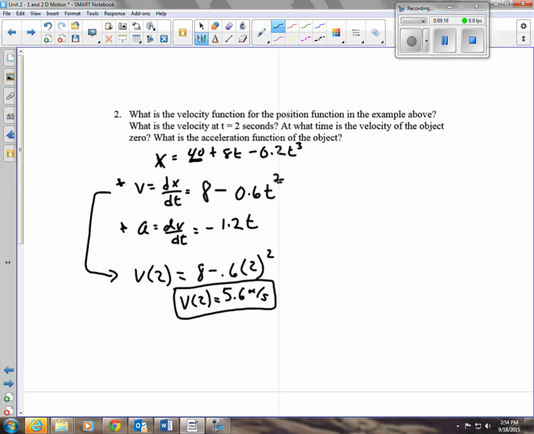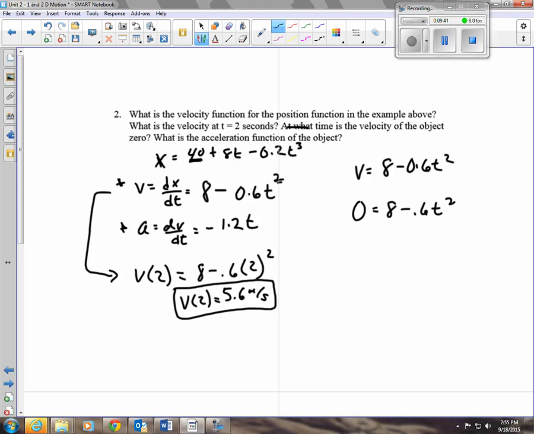The second part of this, at what time is the velocity of the object 0? So now I'm going to go back to that velocity function. v equals 8 minus 0.6 t squared. And I want to know when the velocity is going to be 0, so I can just set it equal to 0. 0 equals 8 minus 0.6 t squared.